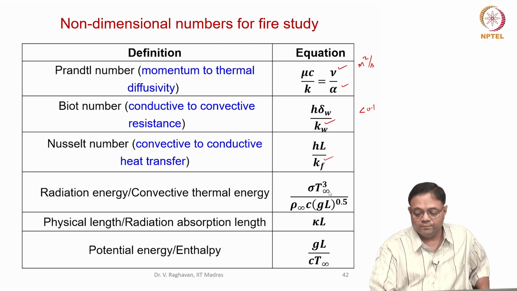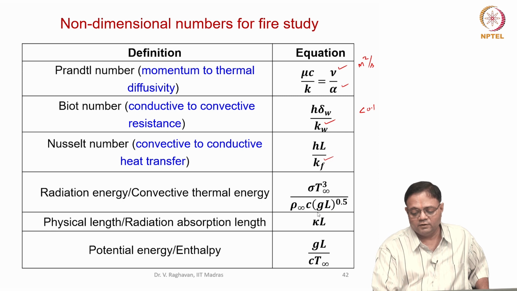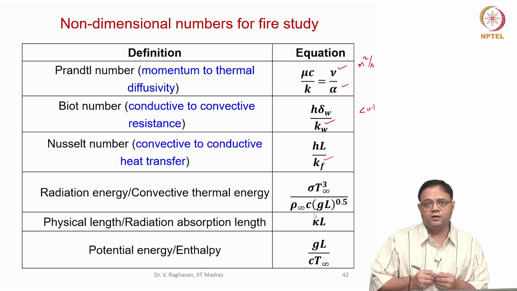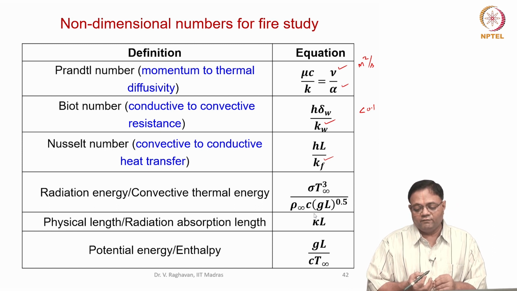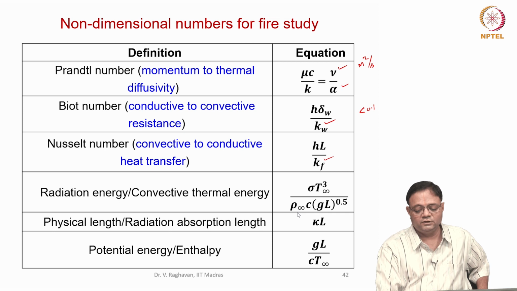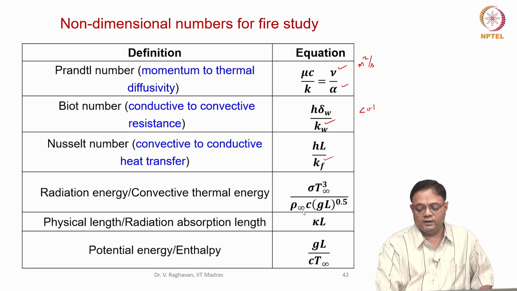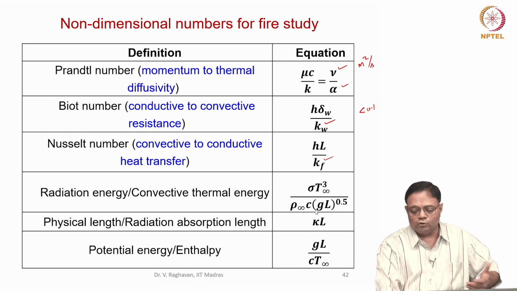We define sigma T infinity cube divided by, this is nothing but, see, what is sigma T infinity power 4? That is the radiative heat flux. Okay, so there will be some epsilon also. Let us say it is black body radiation. So sigma T infinity power 4 divided by, if you take the denominator, it is rho, u is velocity, C is specific heat. So rho multiply, so this is again some m into C. m, I will say m by area into C. Do you understand?